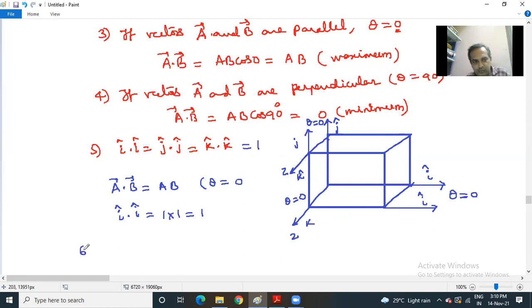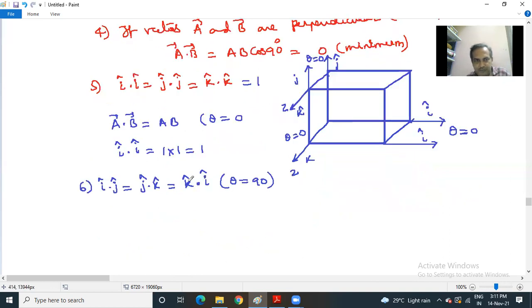Now if you move to I dot J, J dot K and K dot I, these are also unit vectors, but they are perpendicular. Perpendicular means theta will be 90, so it vanishes. There will be cos theta, and cos 90 will be 0. Therefore, I dot j, j dot k, k dot I is equal to 0.